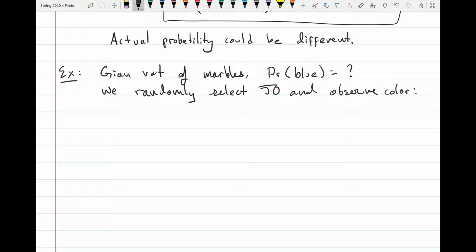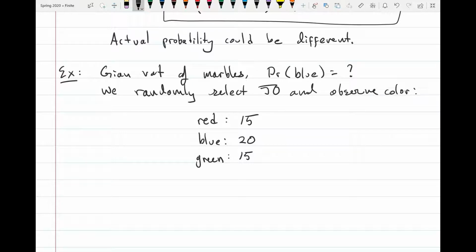And this is what we see. We see that there are 15 red marbles. Let's say there are 20 blue marbles, and for green, there are 15.